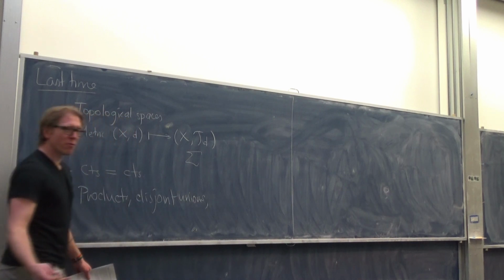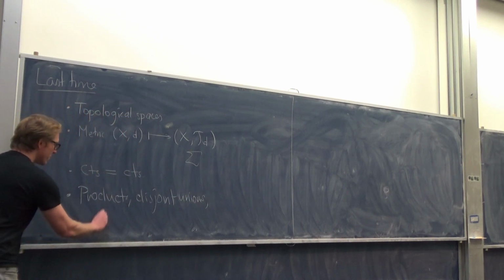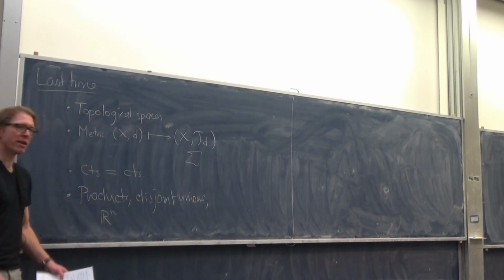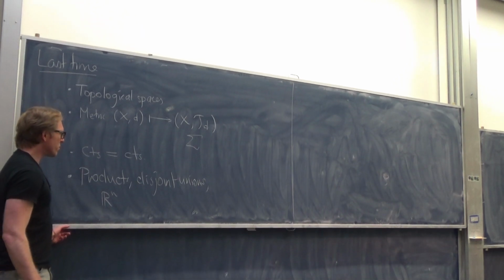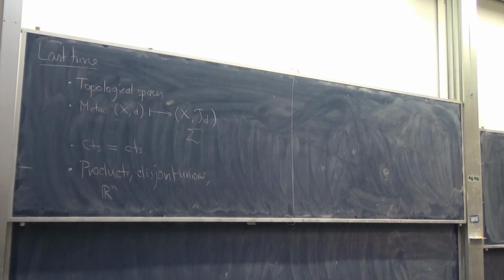That's products. I mean, you're all familiar with that one because you know how to talk about R^n as a product of n copies of R. Disjoint unions, or the fancier word for that is coproduct. That's sort of a dual construction to products. That's maybe less familiar.